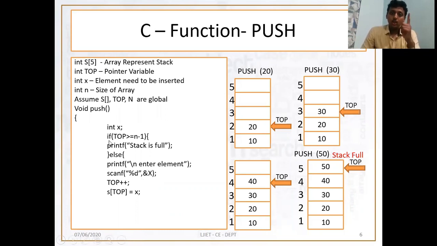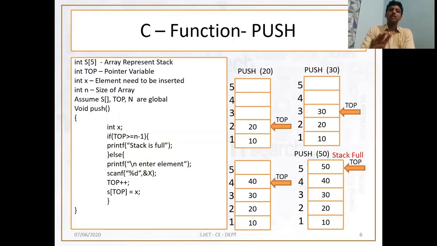Next is to insert something, we need x. I did not take x as an argument, so I need to ask for it from the user: enter element x, scanf x. Now step number 2 is to increment the top pointer, that means top plus plus. Next is to assign the x value at the top index, that will become s[top] = x.